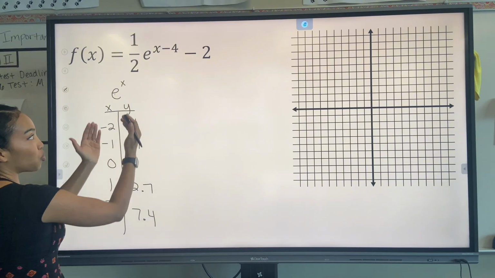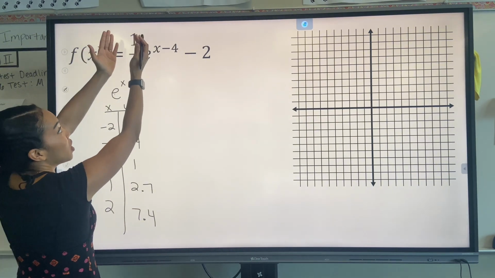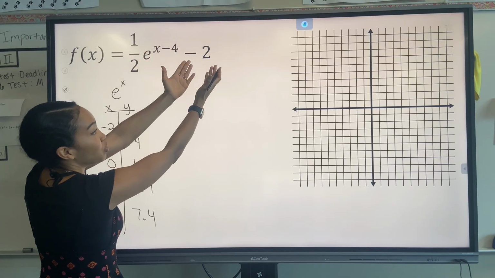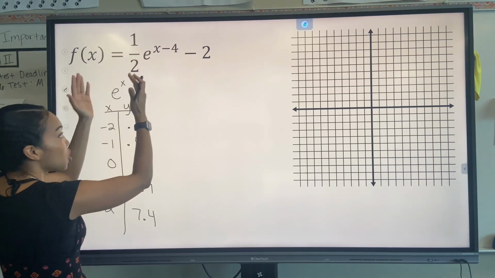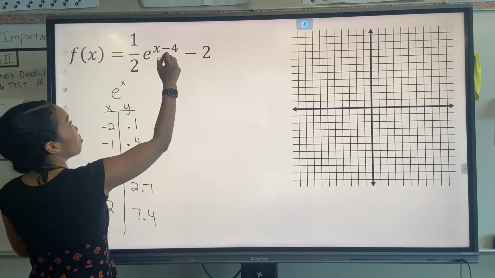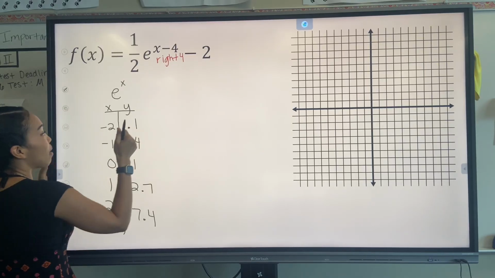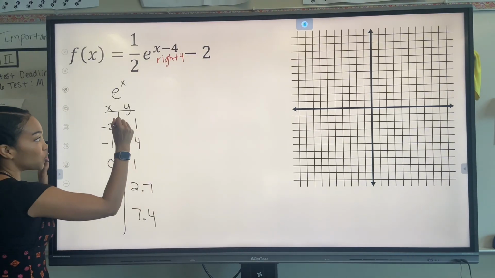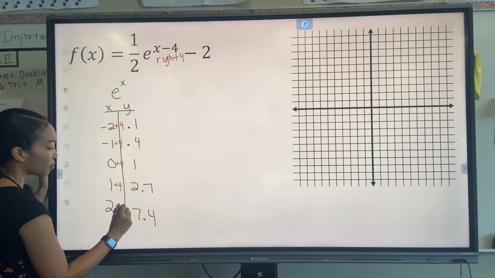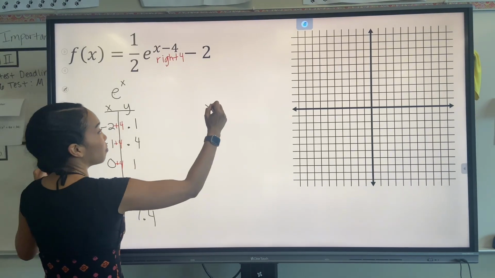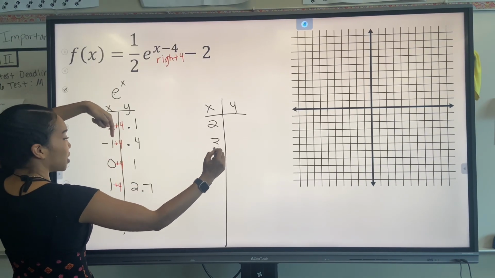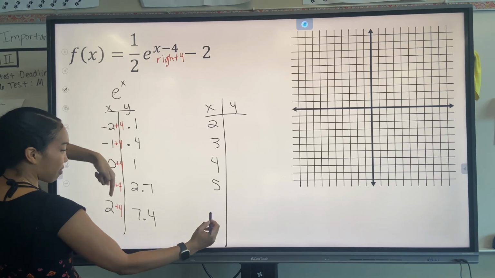Now I'm going to apply the transformations. This is what it was originally. However, it's being vertically compressed. It's moving to the right 4 and down 2. So we're going to apply these transformations to this original table. Okay? So this went right 4. That means for the x column, we're going to add 4 to all of the x's. So that means my new table, the x values will be 2, 3, 4, 5, and 6.